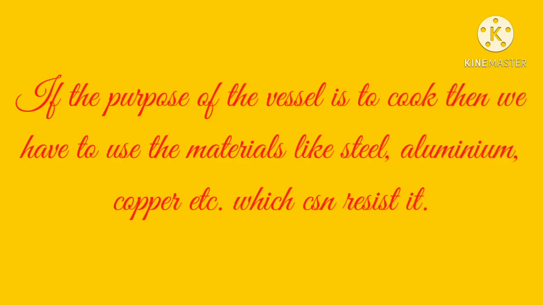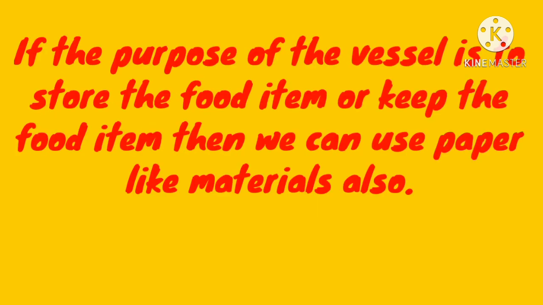In the same way, if the purpose of the vessel is to cook, then we have to use materials like steel, aluminium, copper, etc. which can resist heat. If the purpose of the vessel is to store or keep food items, then we can use paper-like materials also.